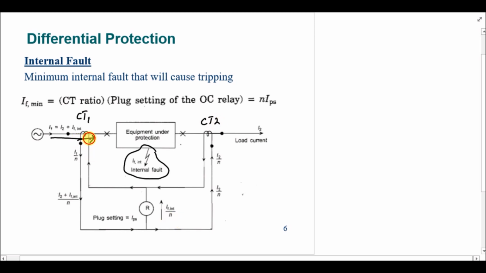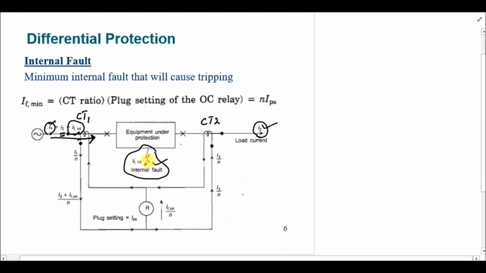From this CT1 we have current I1 flowing through it, and that is actually the combination of I2, which is the load current, and the internal fault current. So there are two currents, one is the internal fault current and the other one is the load current. So this I1 is actually the summation of I2 and the internal fault current, and this I1 is flowing through CT1. But in case of CT2 we only have I2 current because the fault current is grounded at the equipment.